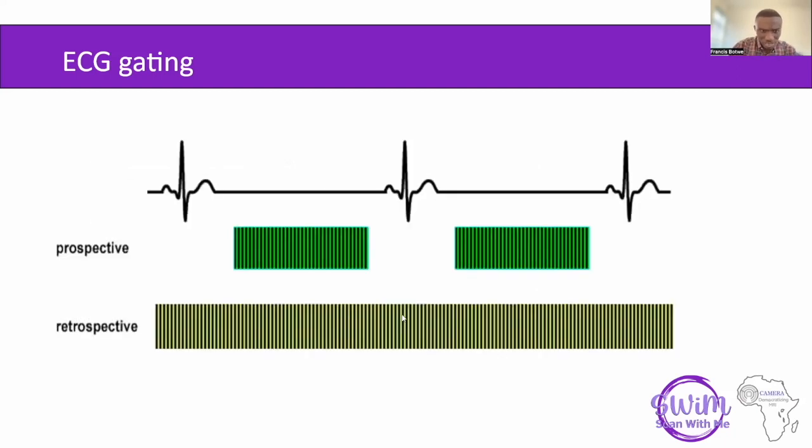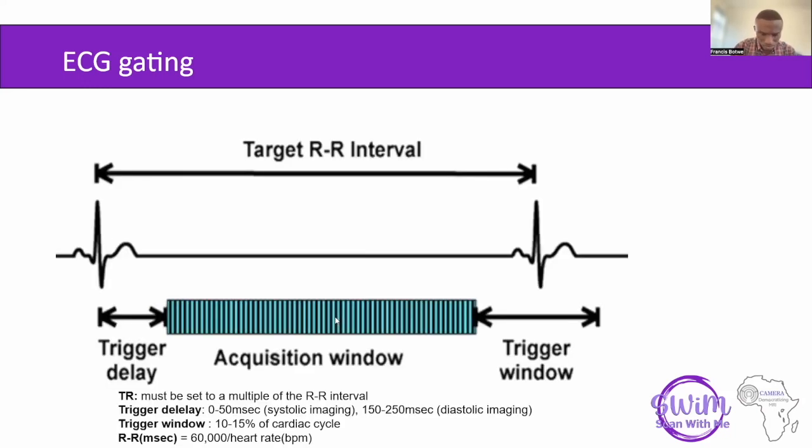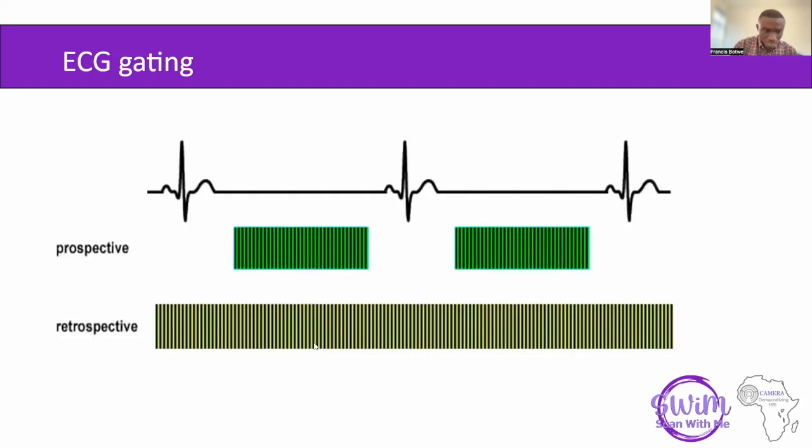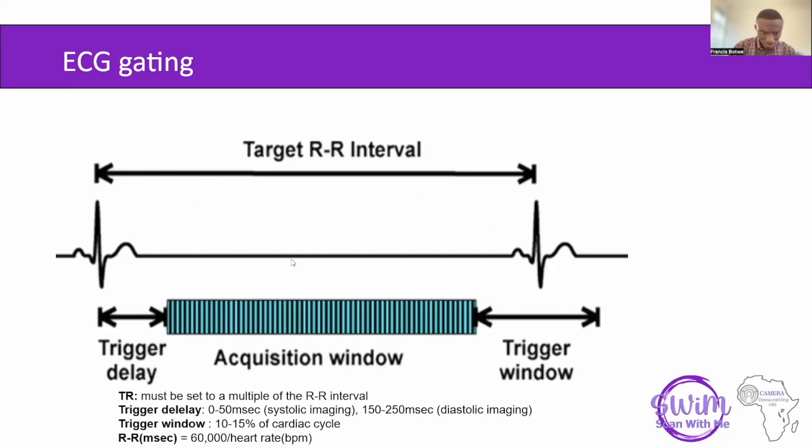So now we can go back. How are we able to get our TR, so that we know that we are going to acquire the data just at the acquisition window? So the repetition time, we can still go back, is the R interval.